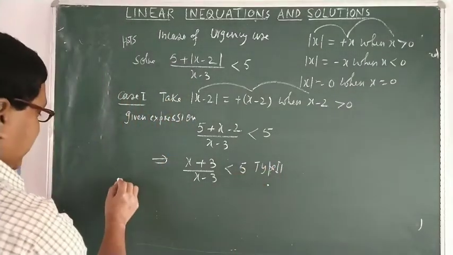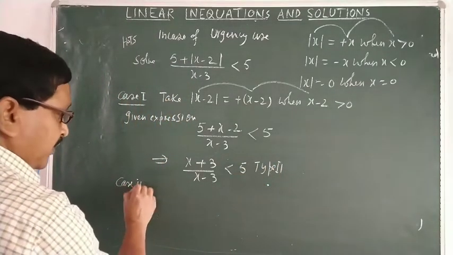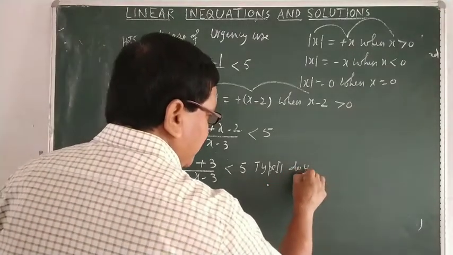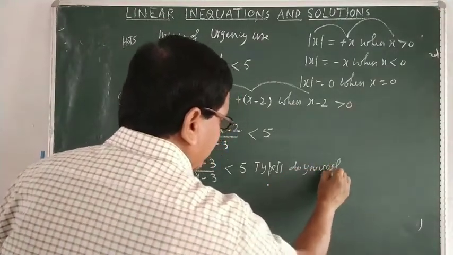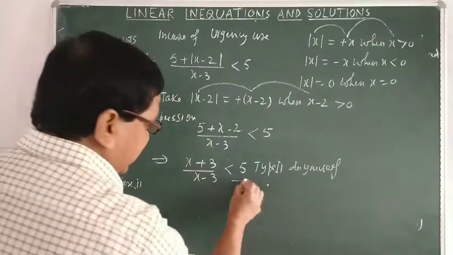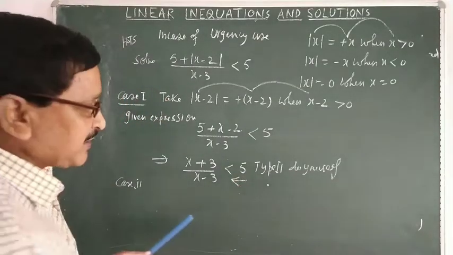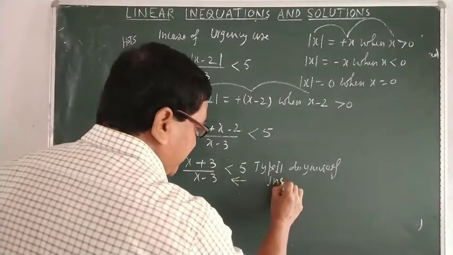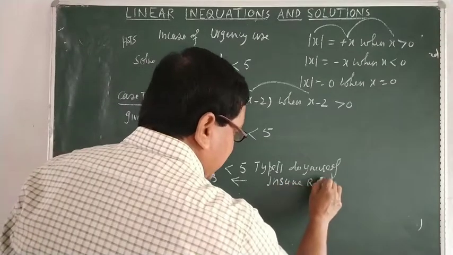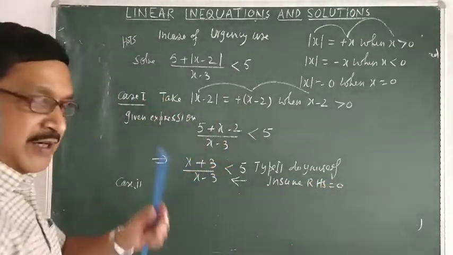Similarly, you have to deal with case 2. Do it yourself according to type 2. Carry this to the left side, ensure the right side is 0.